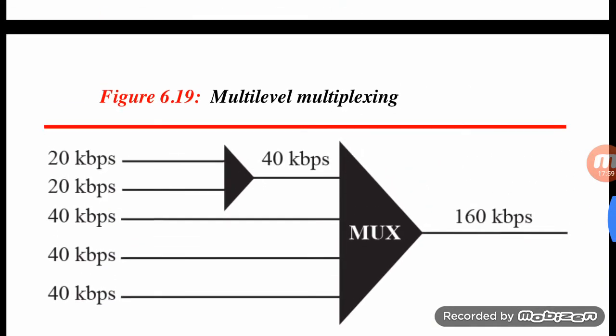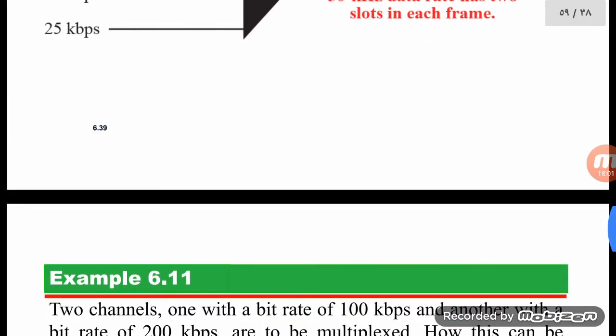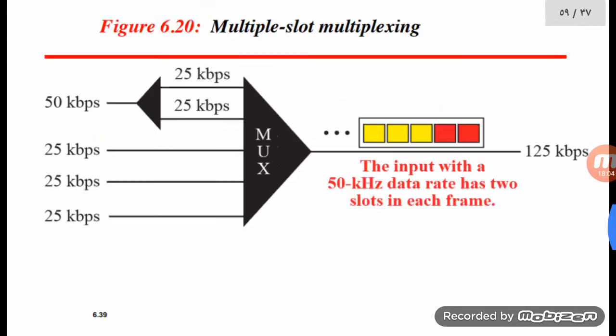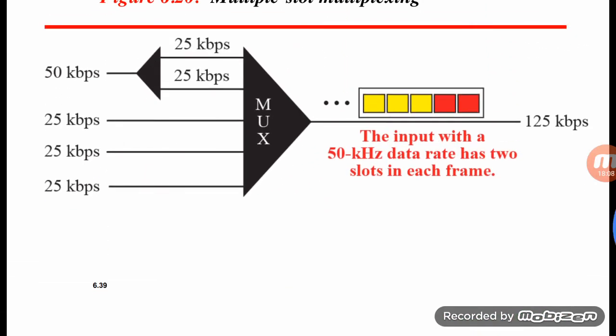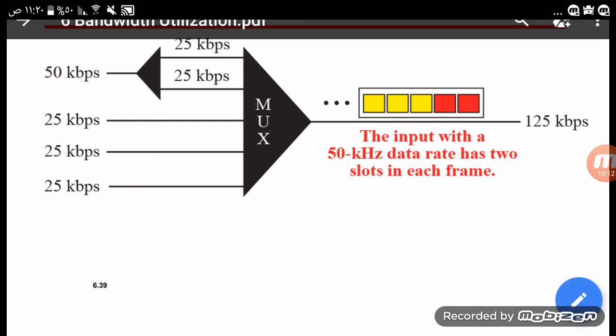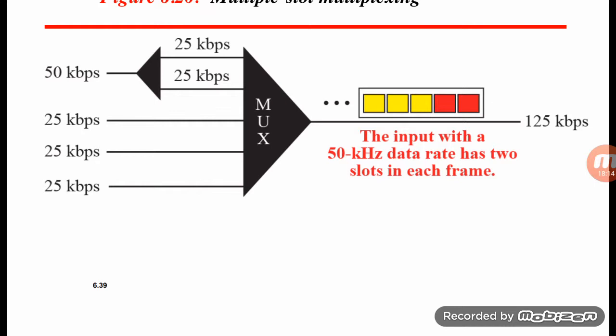Okay. So we did synchronous TDM first of all, in which all the input users had the same bit rate. Then we did multi-level TDM, where the speed of some of the users was half the speed of the other users. So we combined those users to make the speed exactly the same for all users.